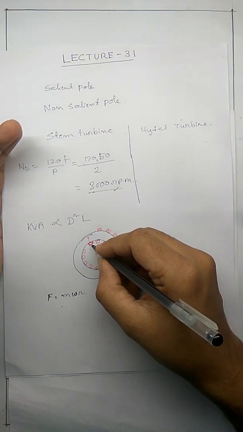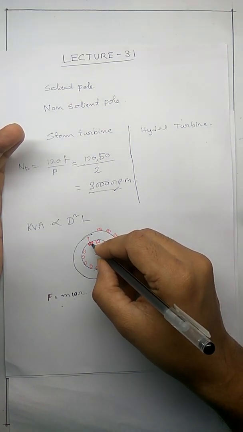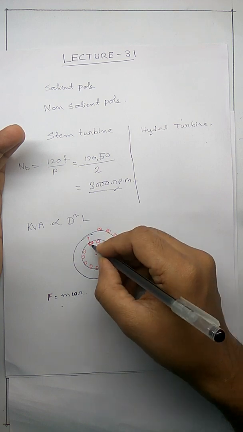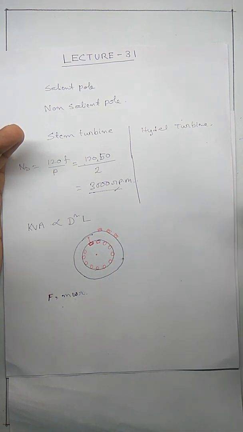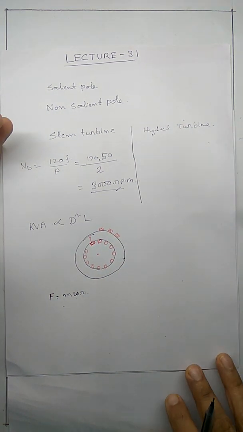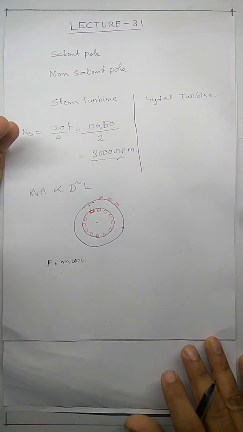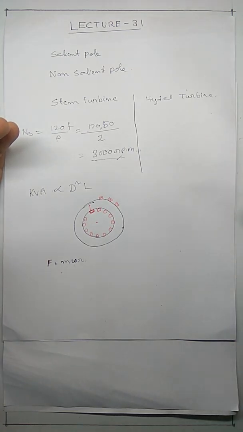What is the difficulty? You have to make some arrangement so that the coil does not come out of the slot. These arrangements will be lesser if you make the diameter of the rotor smaller. So for this, a steam turbine rotor is always smaller in diameter.